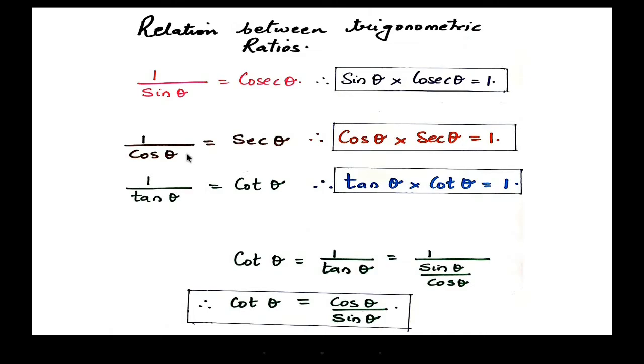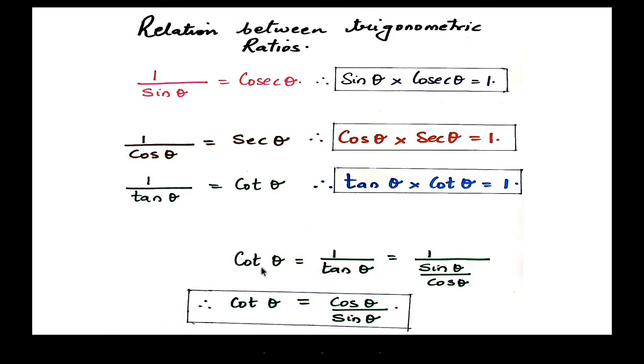Then we have also studied sec theta is equal to 1 upon cos theta. So multiplying both the sides by cos theta, we have cos theta multiplied by sec theta is equal to 1. Third is 1 upon tan theta is equal to cot theta. So multiplying both the sides by tan theta, we have tan theta multiplied by cot theta is equal to 1.